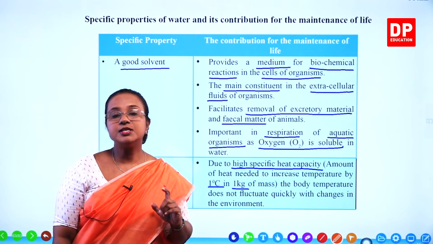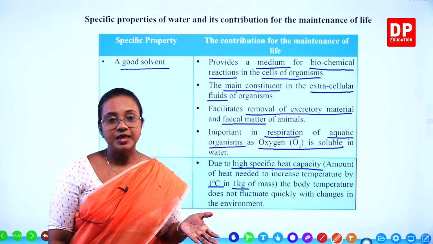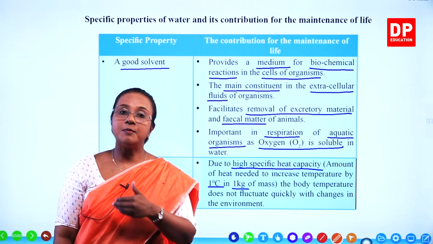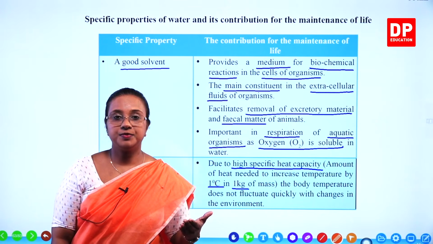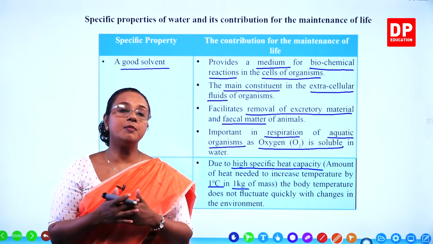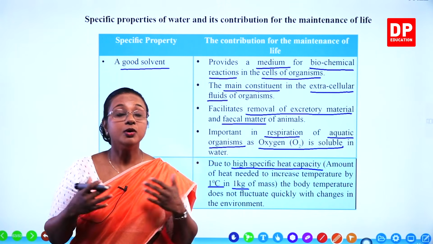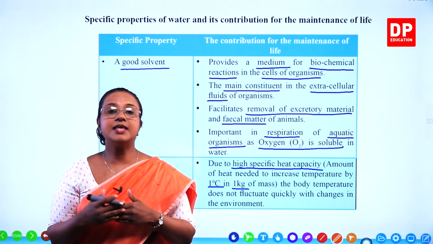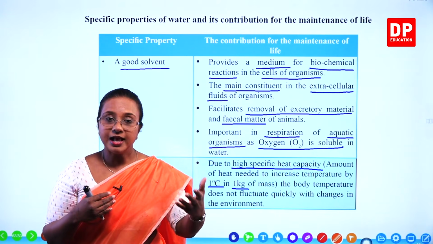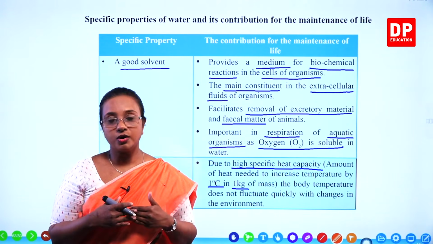So this is a very high value. And because of this high value, water doesn't become hot very quickly. That is why the sea does not become hot during the daytime quickly like the sand or the soil. So that is why it helps to cool the organisms.